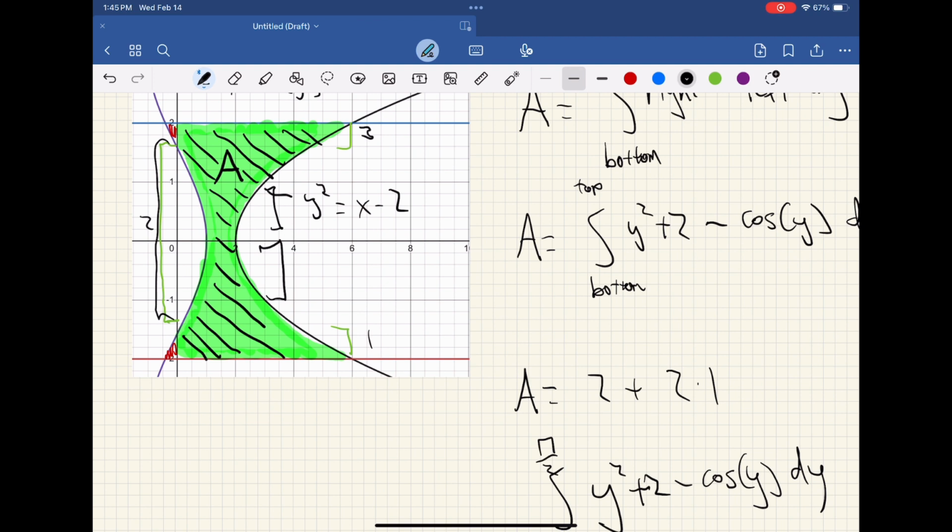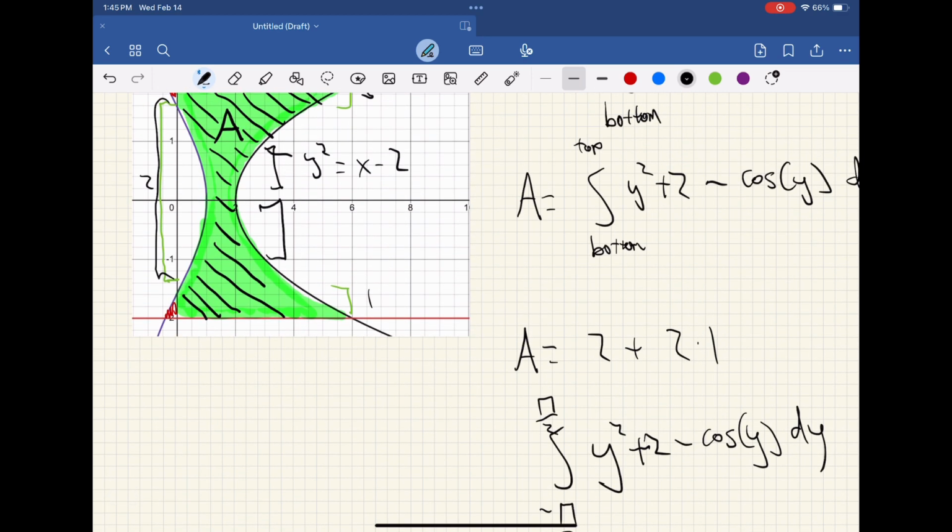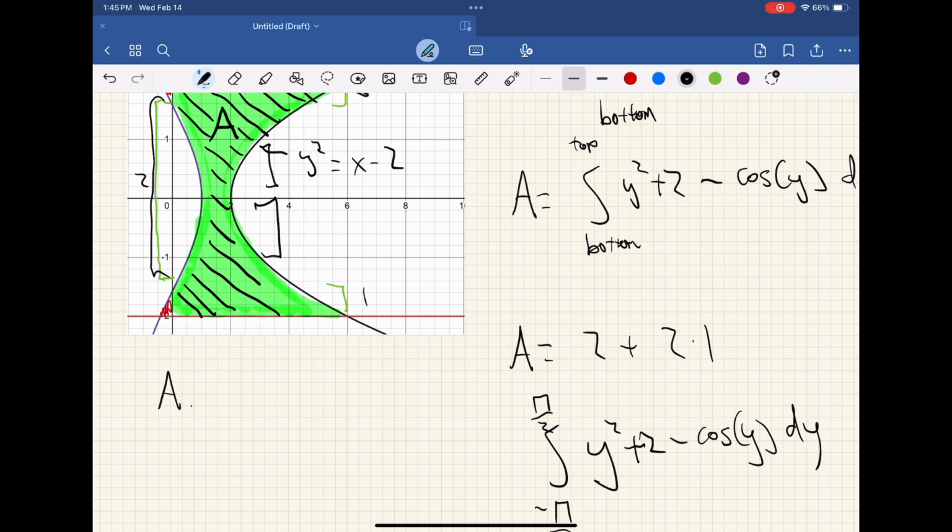So in this case, we're just going to be doing the integral from the bottom, which is negative 2, to the top, which is going to be our intersection point, negative pi over 2, of that parabola. So we can say that the area of section 1 is going to be the integral from negative 2 to negative pi over 2 of this parabola, which the function for that is y squared plus 2 dy.